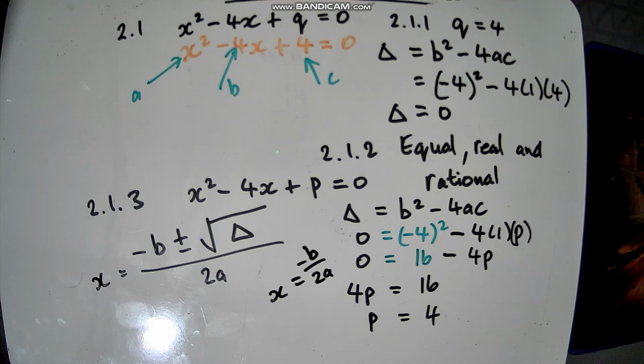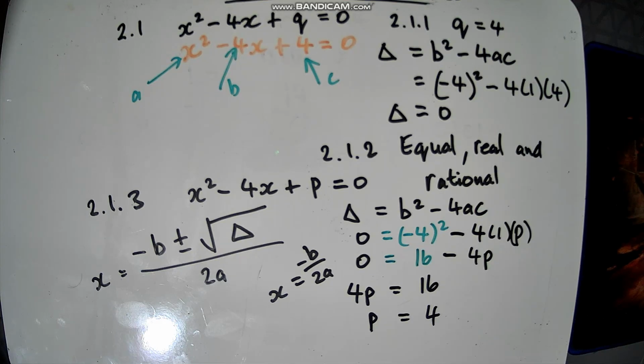So if all under the square root sign is 0 and the square root of 0 is 0, this means there's only one answer, minus b over 2a. And if the answer is minus b over 2a, there's only one answer. And if it's one answer, it is equal. And any integer over any integer is real and rational.